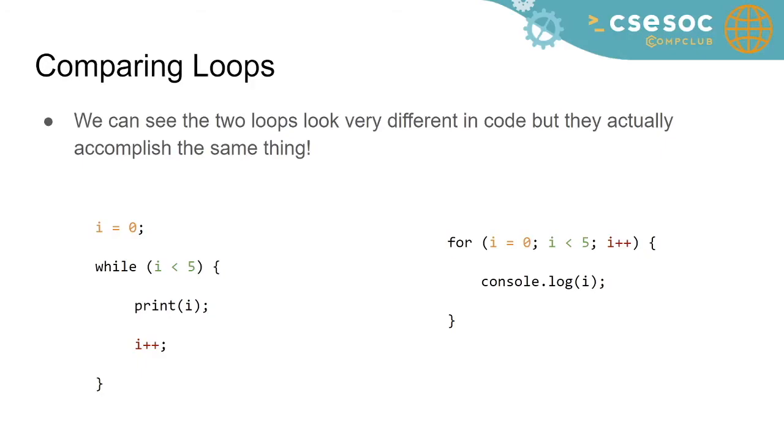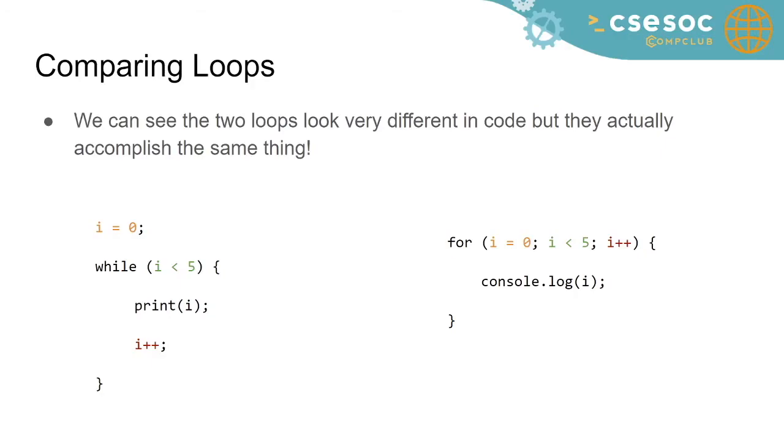Our green is our continuation condition, so basically our exit condition. And again, they're in different places on both sides. And lastly, we have the change condition, which is how our loop continues and changes every time, which is in red. So both times we're adding 1.